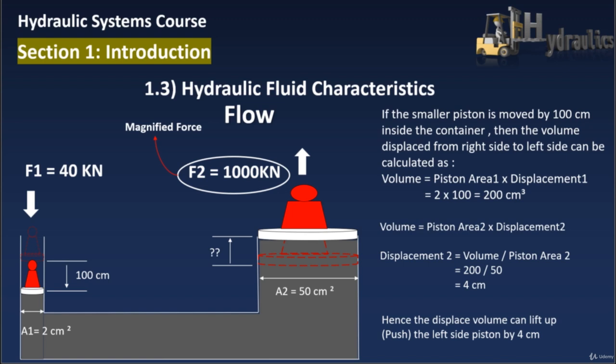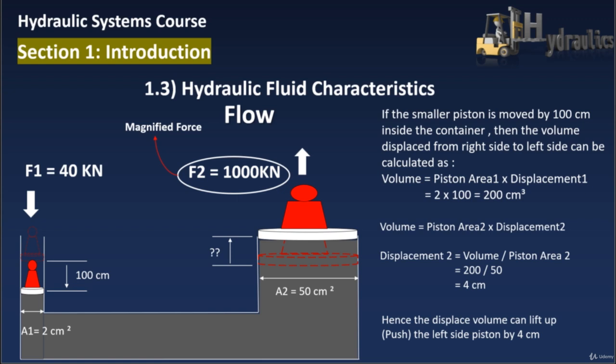Because we have assumed the fluid is incompressible, a volume of 200 centimeter cube of liquid will transfer from the right-hand cylinder to the left-hand cylinder, causing the load to rise by just 4 centimeters. If we apply the rule here, the displacement of the second piston equals the volume divided by the piston area, which is 4 centimeters.